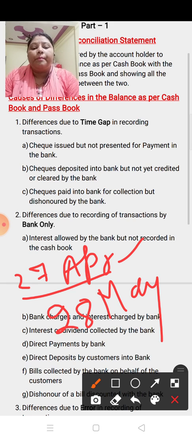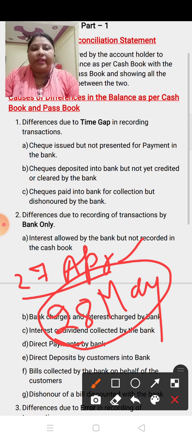But the payment is done after one month, on 28th May, which means the bank has entered this transaction and subtracted this amount on 28th May. It means after one month. So there is a difference, the time gap.